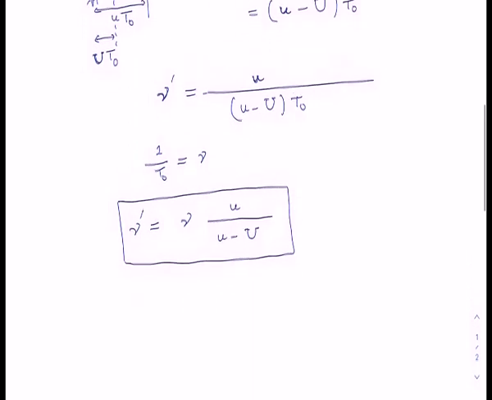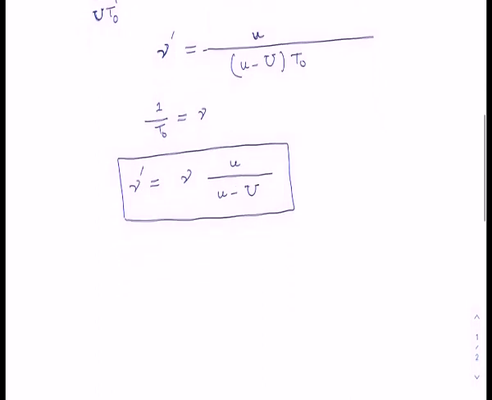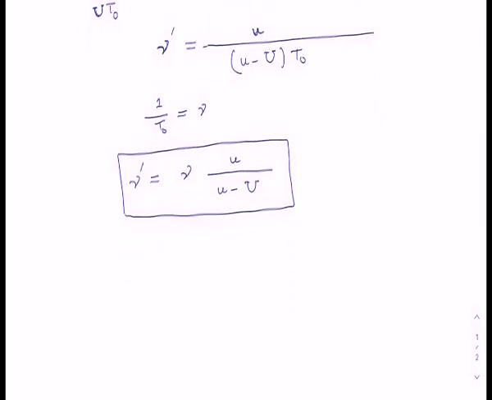Similarly, we will be able to get the formula for the case where the source is moving away from the observer with velocity U, and the observer is at rest. So this is the observer, and this is the source.